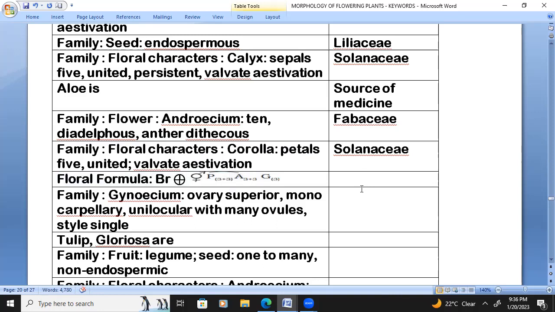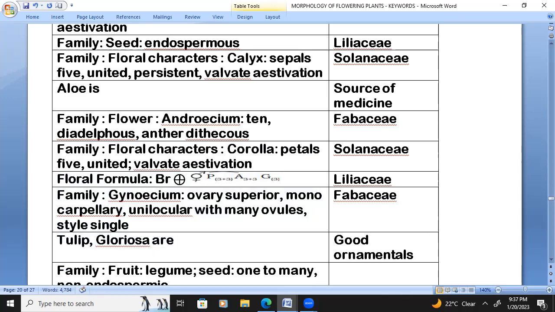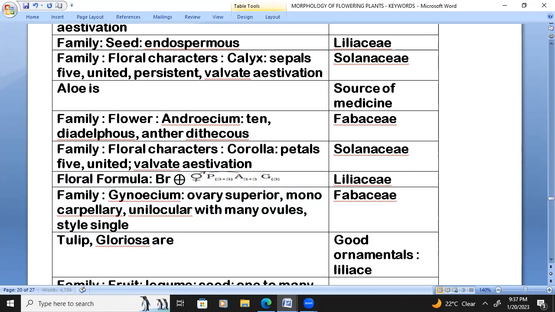Floral formula. The given floral formula belongs to Liliaceae. Gynoecium ovary superior, monocarpellary, unilocular, with many ovules, style single, Fabaceae.